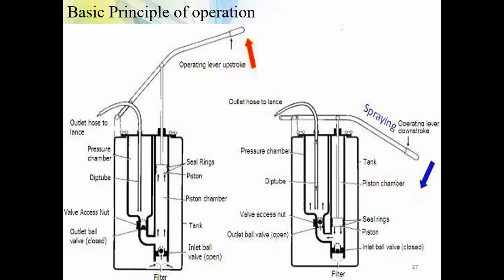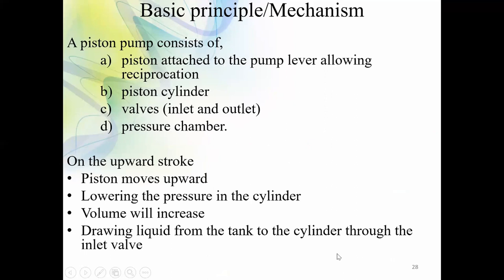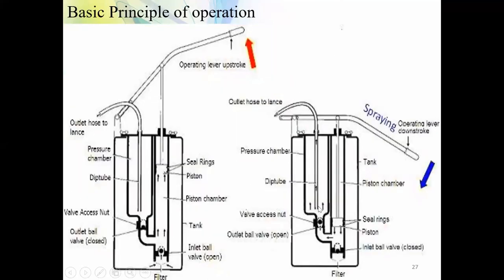Take a note on this and draw the picture as well. The main parts are the lever, the piston chamber, and the pressure chamber. The piston chamber consists of the inlet valves, and the pressure chamber consists of the outlet valves.